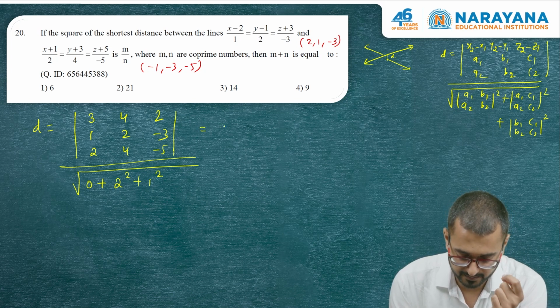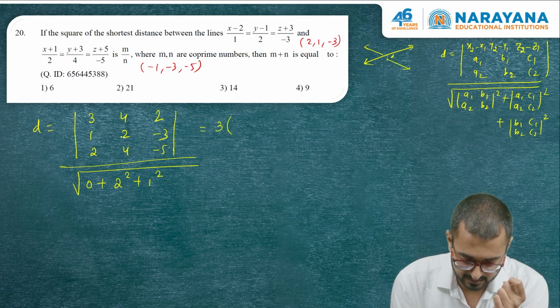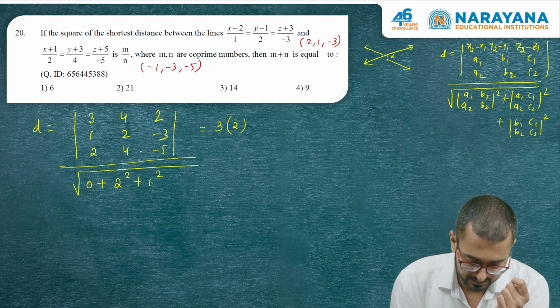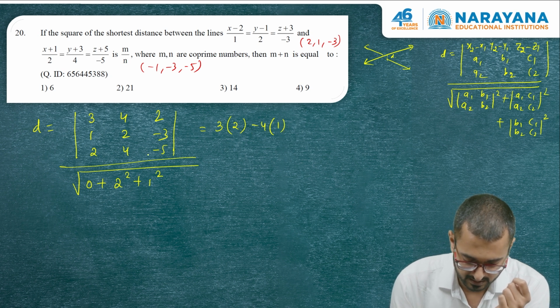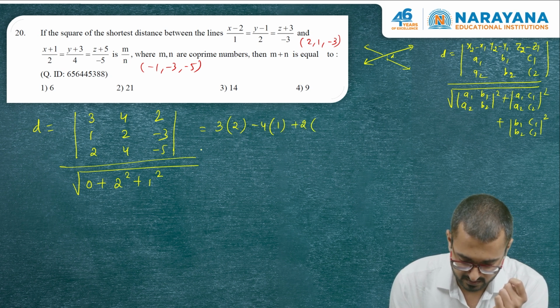So this will turn out to be 3 into minus 10 plus 12 is 2, and then minus 4 times minus 5 plus 6 is 1, and then plus 2 times 0, over square root of 4 plus 1, 5.